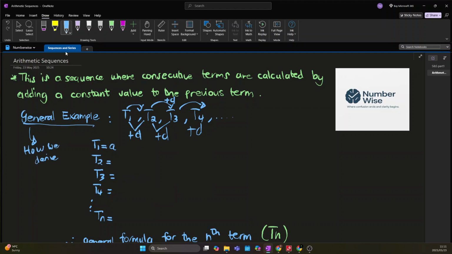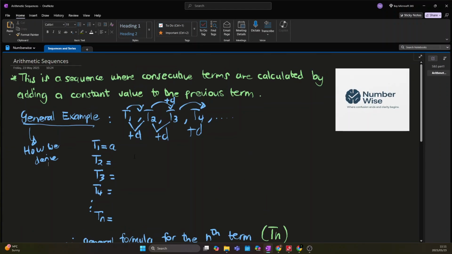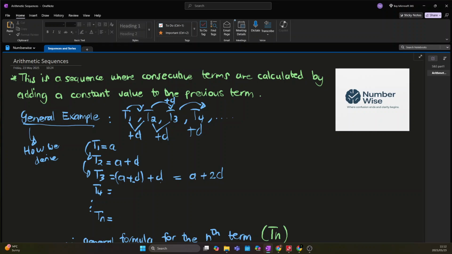So let's say the first term is A. To move from T1 to T2 we need to add D, so we're going to have A plus D. To move from T2 to T3 we need to take T2 and add D, and this is actually A plus 2D if you add the like terms together.